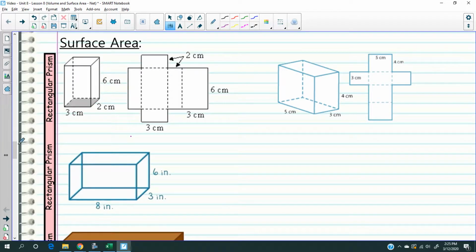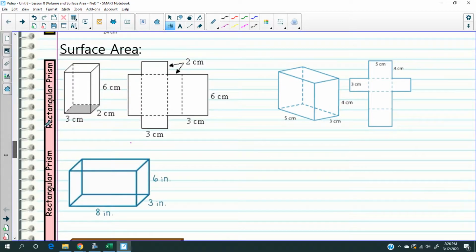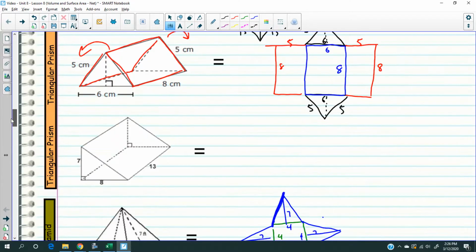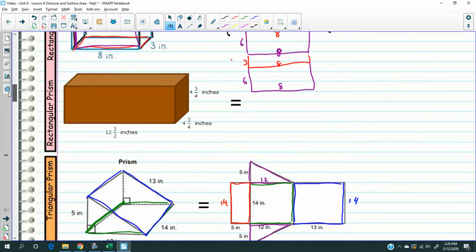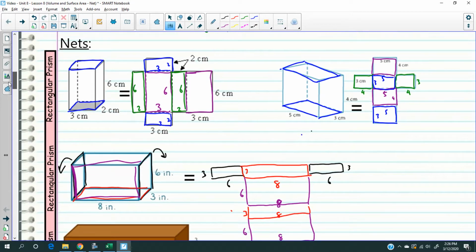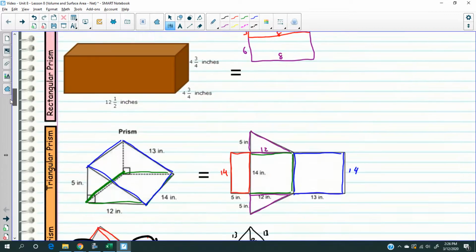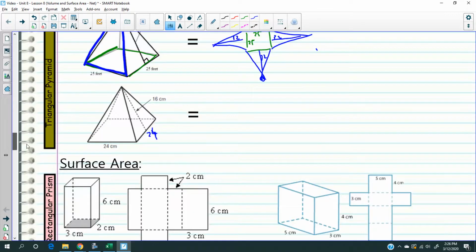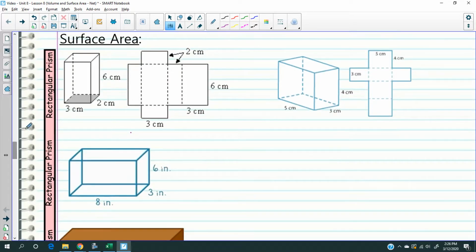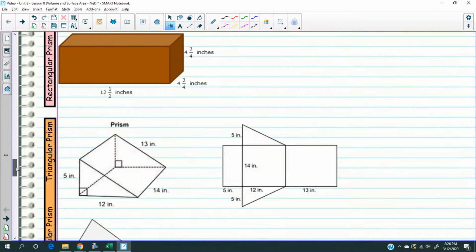Now, not coincidentally, I used the exact same questions up here. Right? See that? The way that I showed you earlier, that's the exact same questions that I showed you earlier. So what I'm going to do is this then. We're going to do the math here. All right, so did I just erase something? Oh, that's surface area.